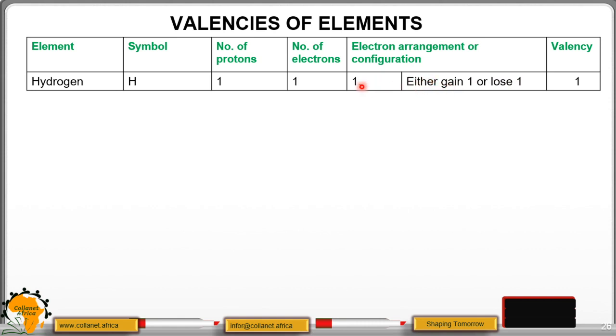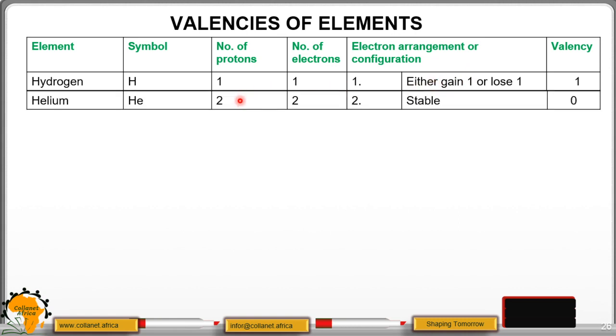Therefore, it can either be placed in group 1 because it can lose 1 electron like the other metals, or can be placed in group 7 because it can gain 1 electron to be stable like the other non-metals, especially the halogen group.